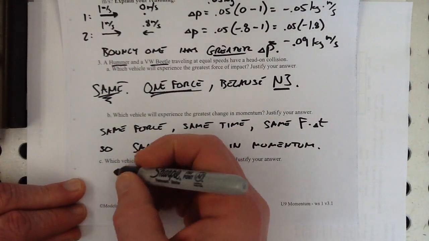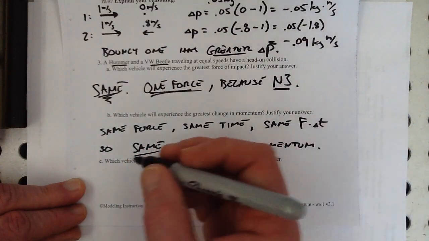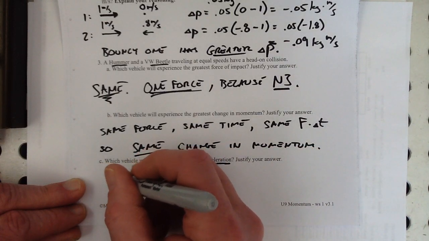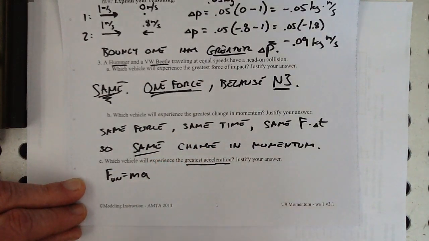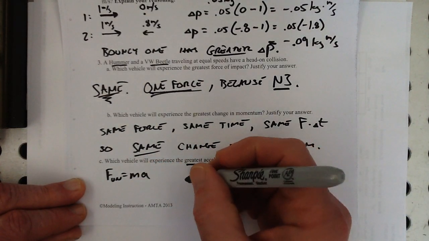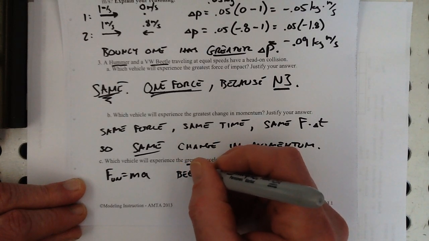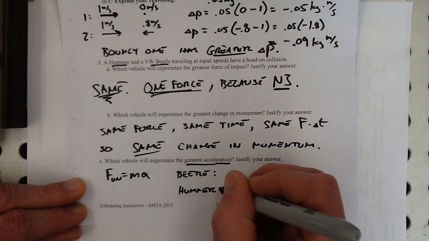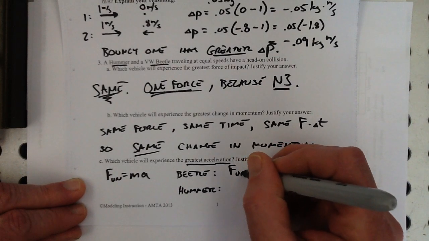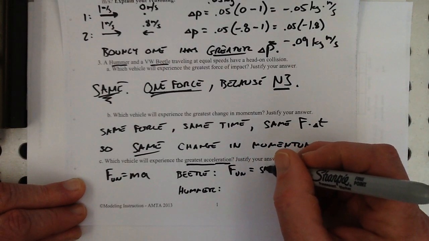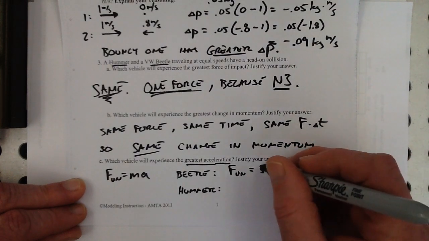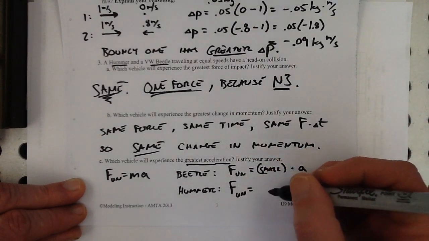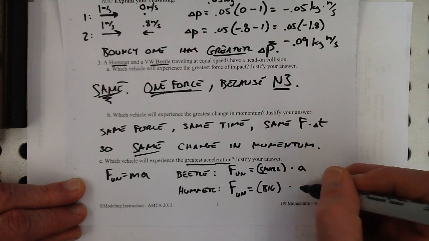Same force. So let's see, if we think about how much unbalanced force there is, for the Beetle, unbalanced force is equal to small mass times acceleration, and for the Hummer, unbalanced force is equal to a big mass times acceleration.